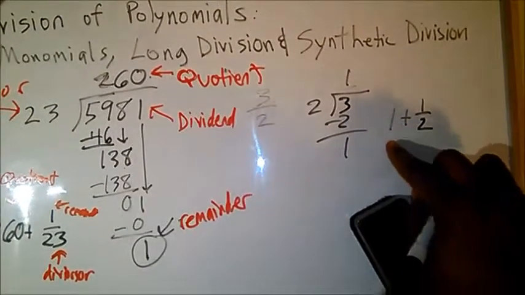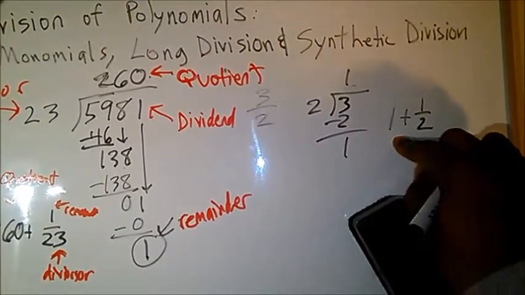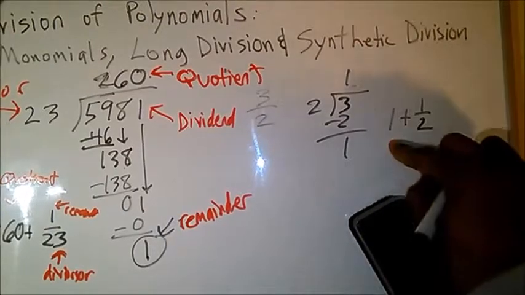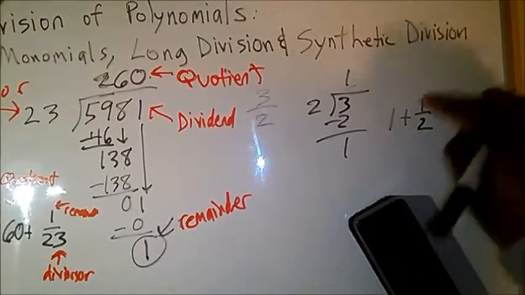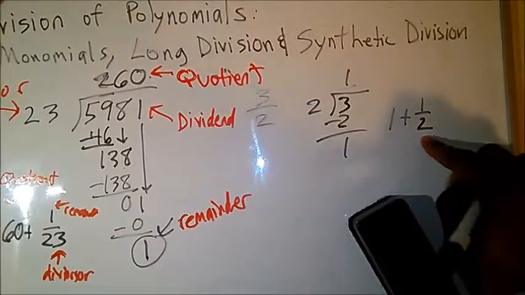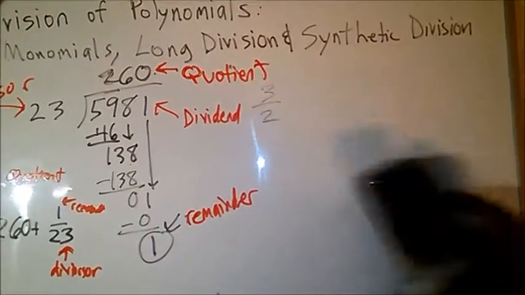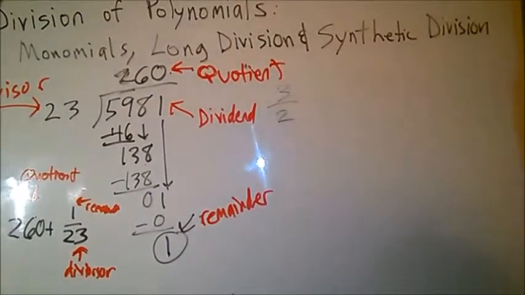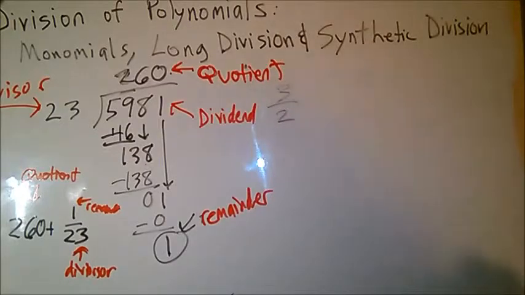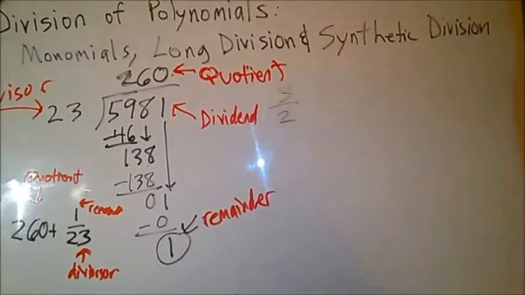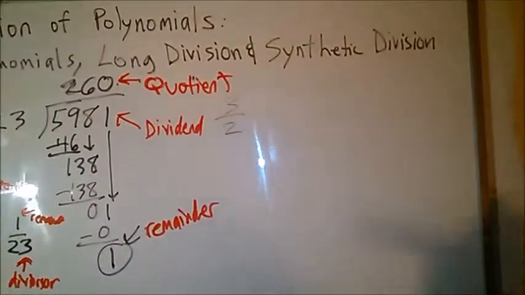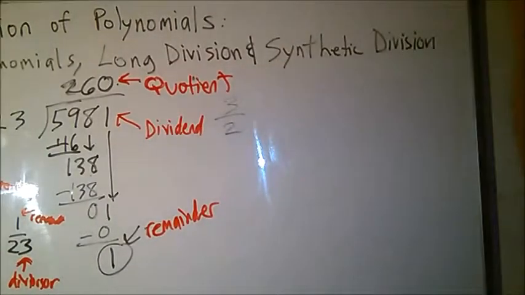Same thing. You have your quotient here, your answer here. You have your remainder here, and you have your divisor here. So when you are expressing polynomials, when you're dividing them, division of polynomials, you must express it in this way.